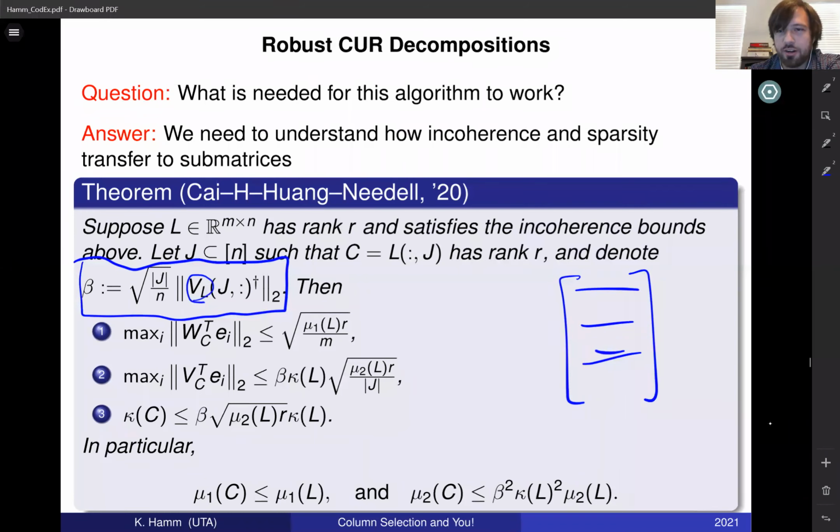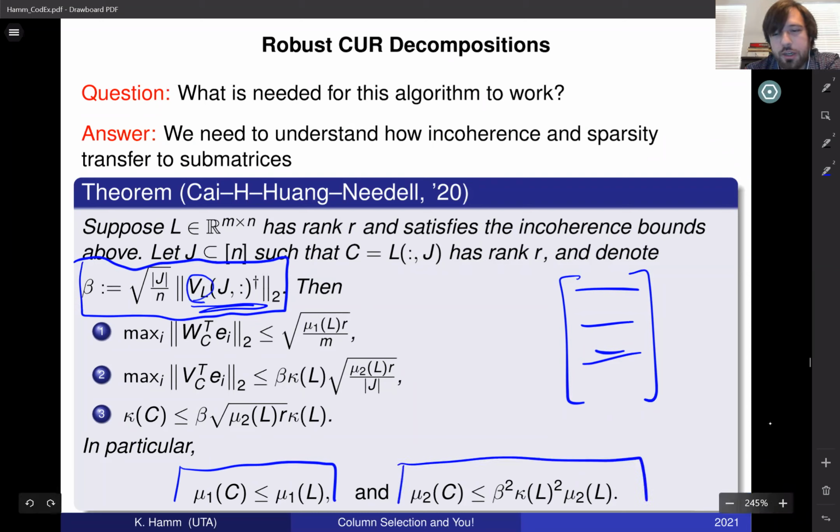The hard part is actually understanding what this norm is. So in this case, this quantity beta governs everything. The nice thing, and this is expected, is that column incoherence doesn't change, or at least doesn't get worse, because I'm just choosing a few subcolumns.